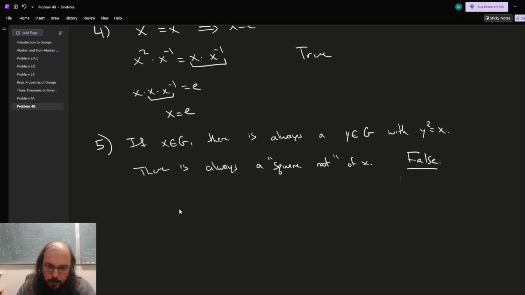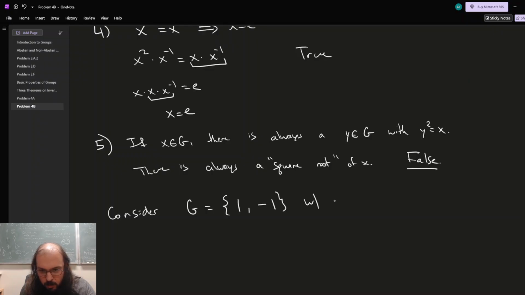And a relatively simple counterexample is as follows. Consider the group G, which is the set consisting of just 2 elements, 1 and -1, with operation multiplication. Usual multiplication here, right?